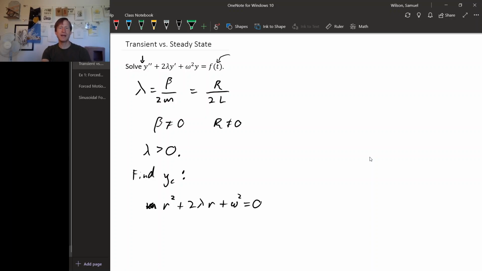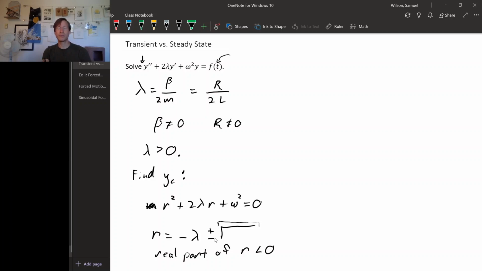And when we write down solutions to this, we get r equals minus lambda plus or minus some square root here. Now this square root part might be imaginary or it might be real, but either way, the real part of r is always less than 0.